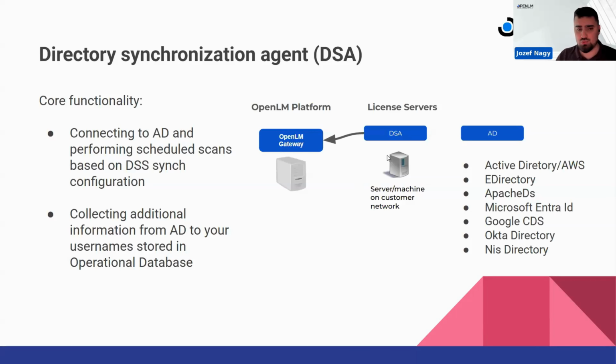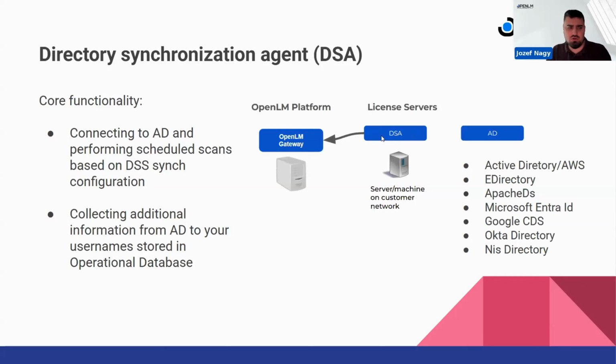You can also choose which data will be collected. For example, if you want just the first name, last name, and groups or security groups or organization units, you can sync just this information, and DSA will get this data to the OpenLM platform.